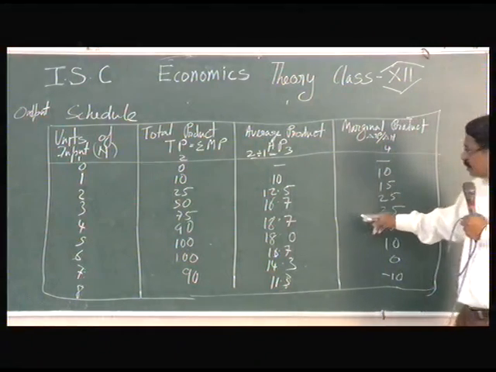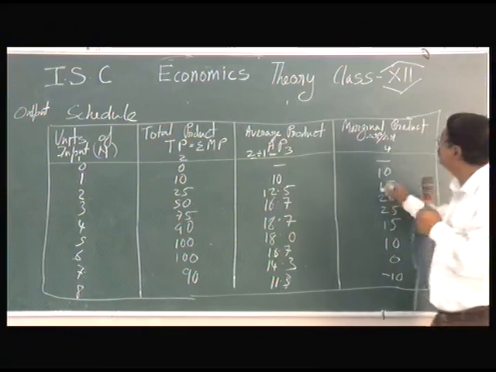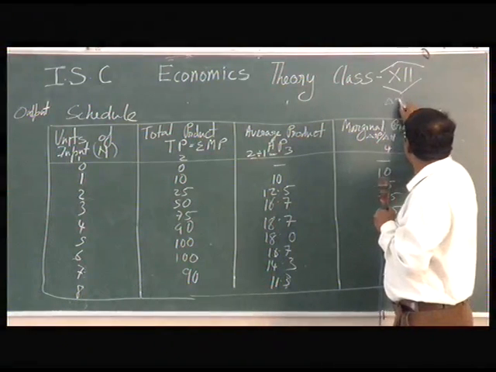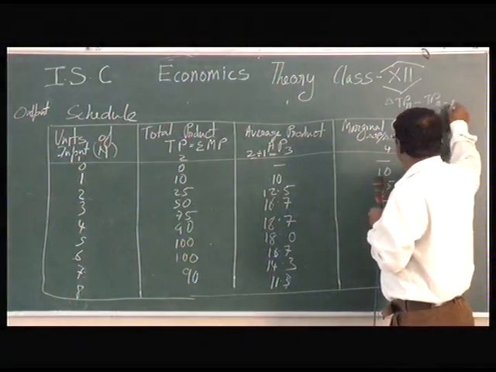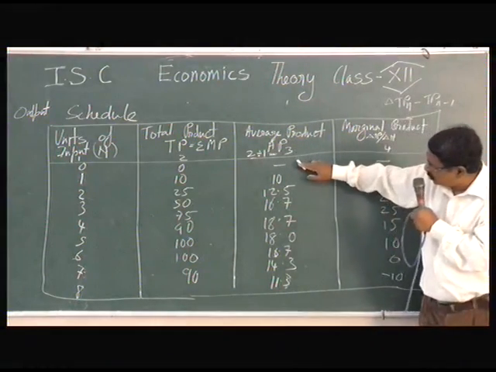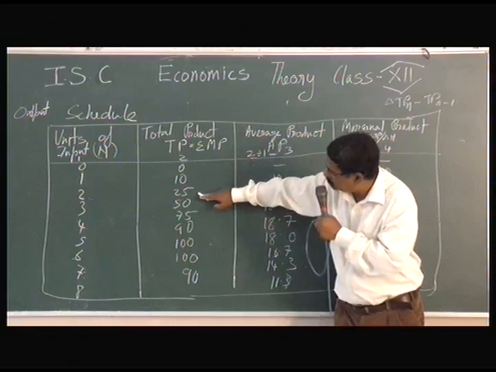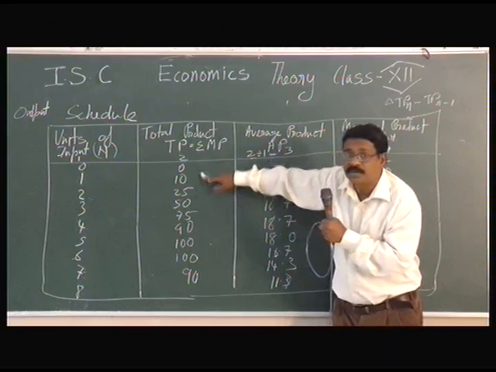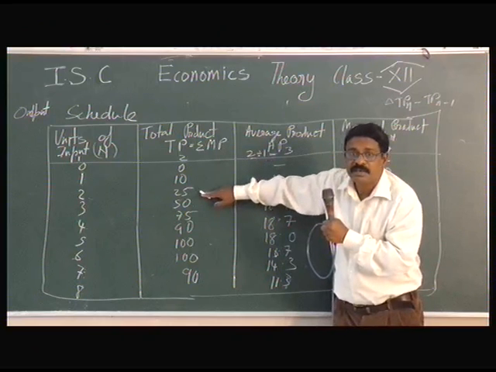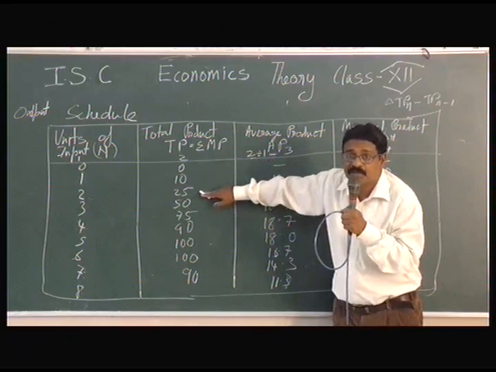And the marginal, how do we get the marginal? It is delta TP n minus delta TP n minus 1. That means the total product of 3 minus the total product of 2.